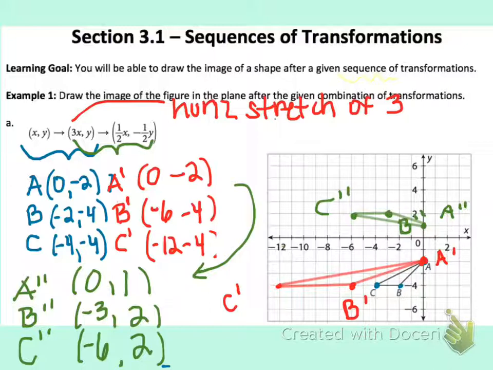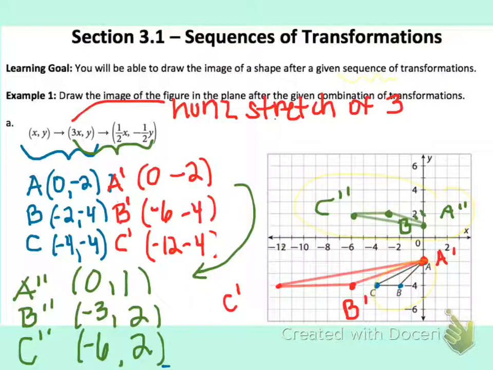So the final figure right here, if we compared it to the original, is actually the product of both a horizontal stretch of factor 3 and then these vertical and horizontal compressions of 1/2 and that reflection.